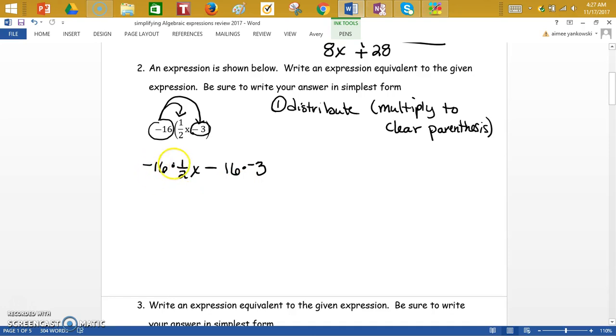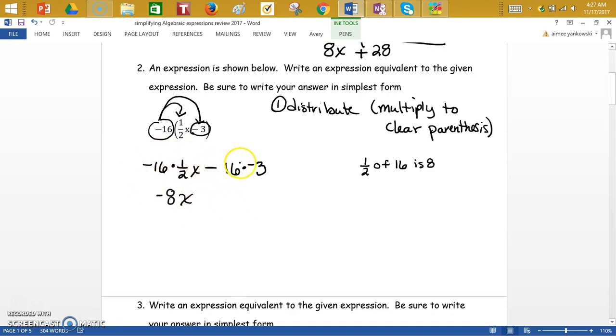So I have to do negative 16 times 1/2. Well, what's half of 16? Oh, half of 16 is 8. All right. A negative times a positive is a negative. And I don't lose my x. I keep my x.